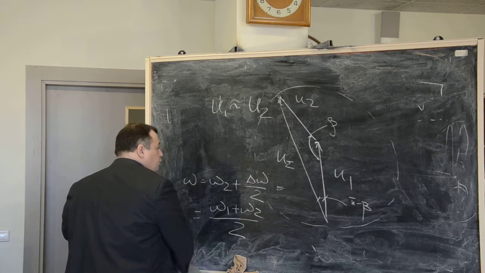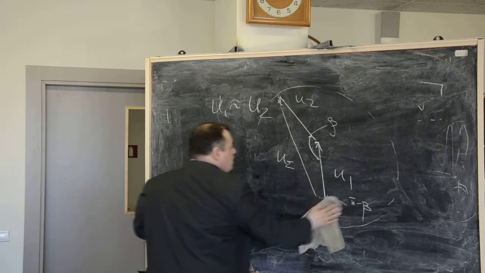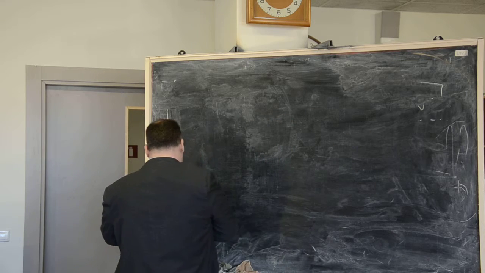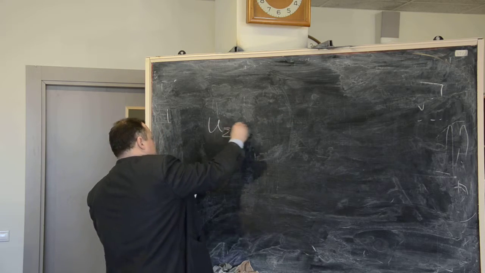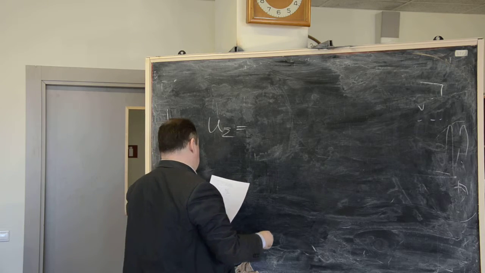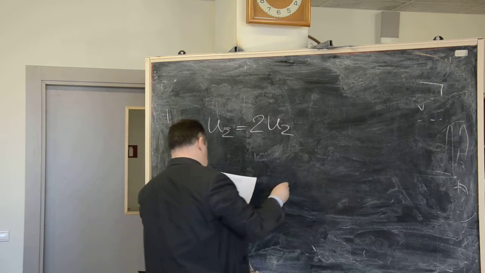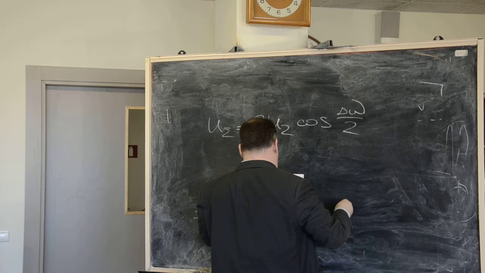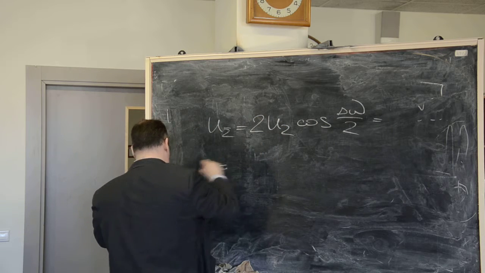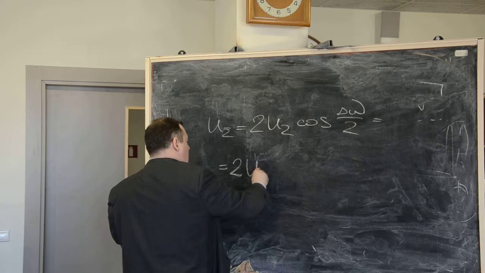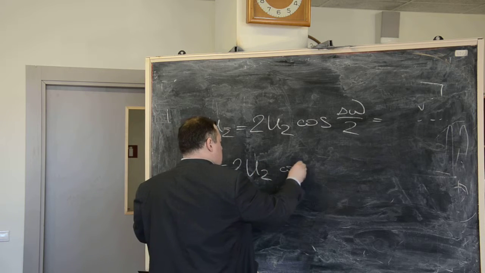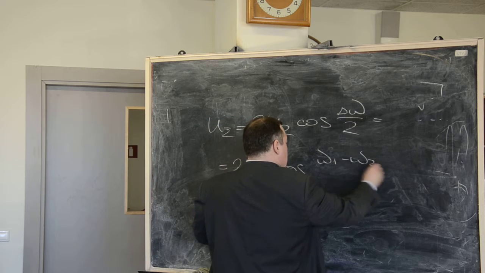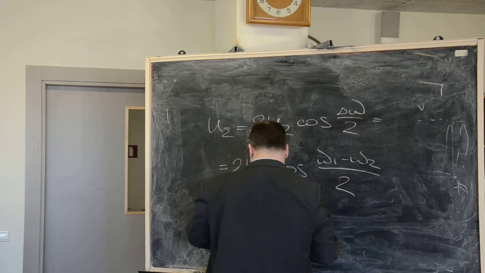And the output voltage of our system, if we can call it output voltage, will be 2 U cosine of delta omega in half t, or 2 U cosine of omega 1 minus omega 2 in half.